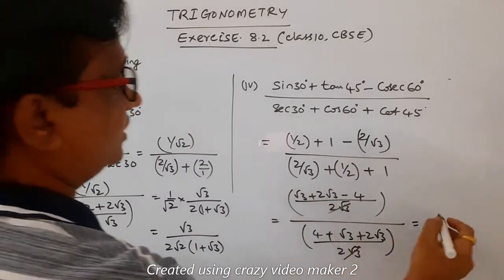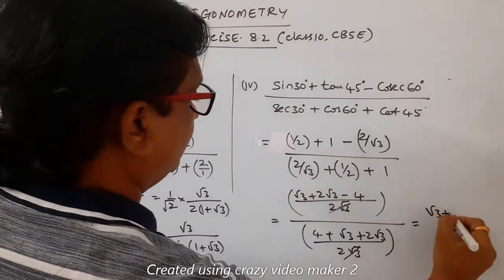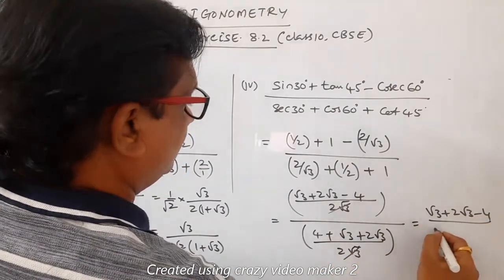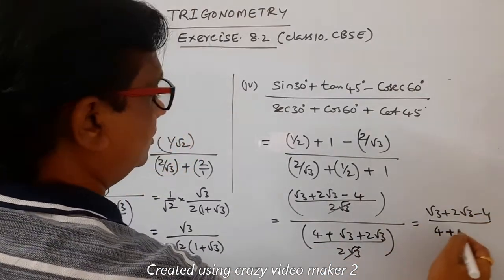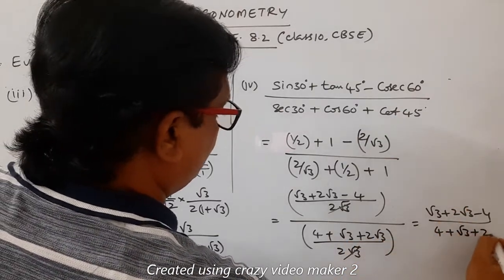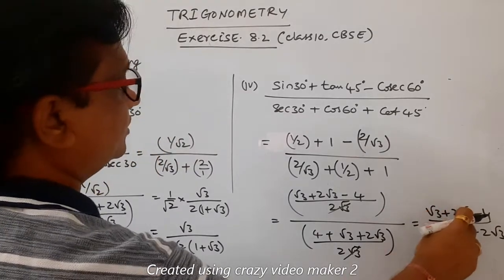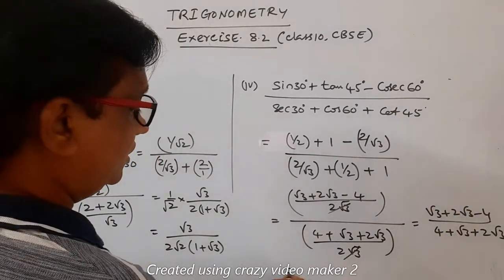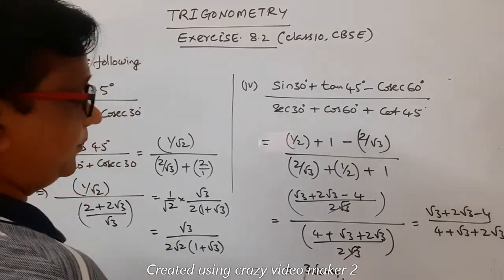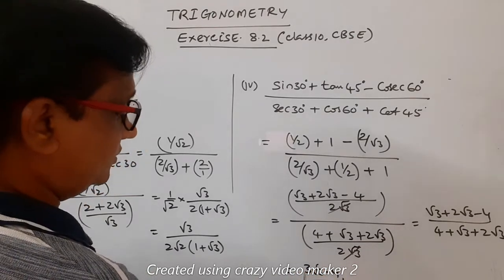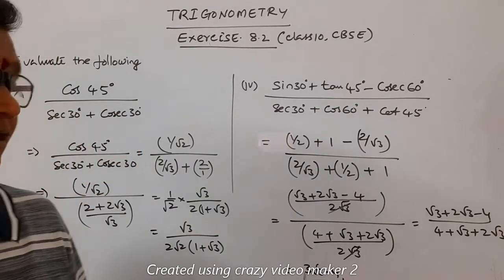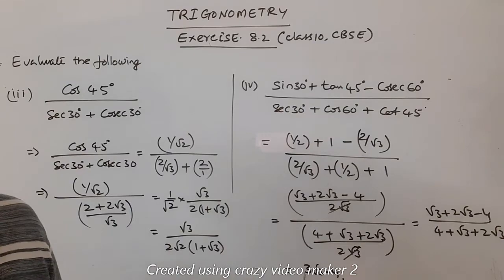You can see the answer: root 3 plus 2 root 3 minus 4 by 4 plus root 3 plus 2 root 3. Finally root 3 plus 2 root 3 is 3 root 3. So 3 root 3 minus 4 by 4 plus 3 root 3. Like this you can complete this answer.